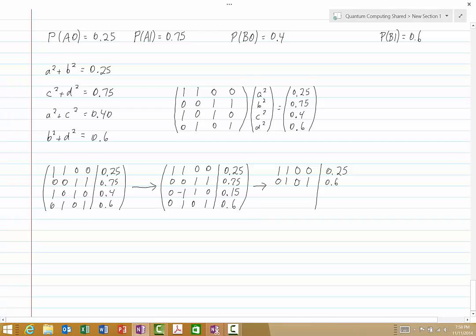The third row remains 0, negative 1, 1, 0, and 0.15. And now the new fourth row is the old second row, so 0, 0, 1, 1, 0.75.